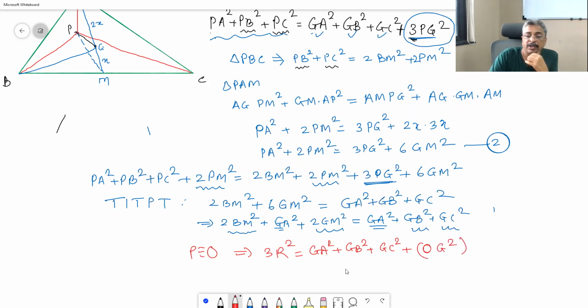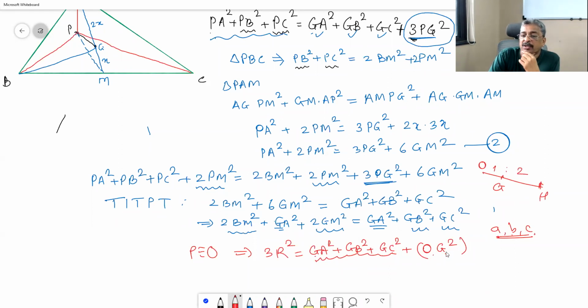Now you will have to really work out what these terms are in terms of small a, small b and small c, because your final identity is in terms of that. So try to convert GA square, GB square, GC square in terms of a, b, c, and OG square can be converted into OH square easily, because we know O, G and H are collinear and it is 1:2.